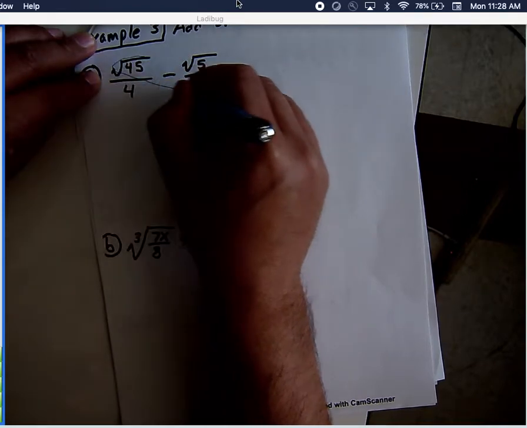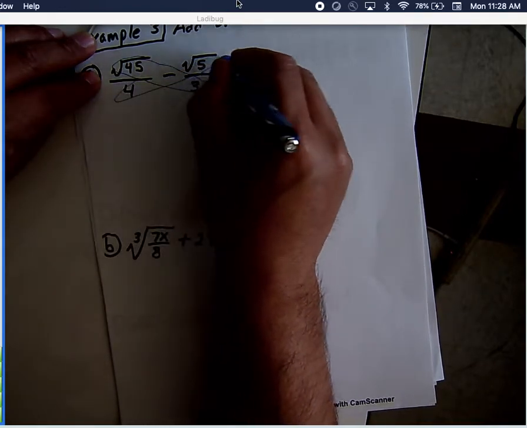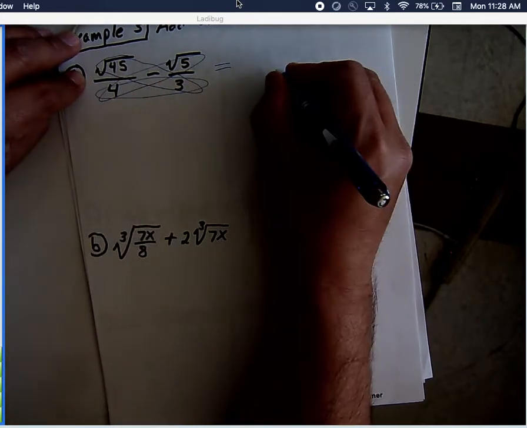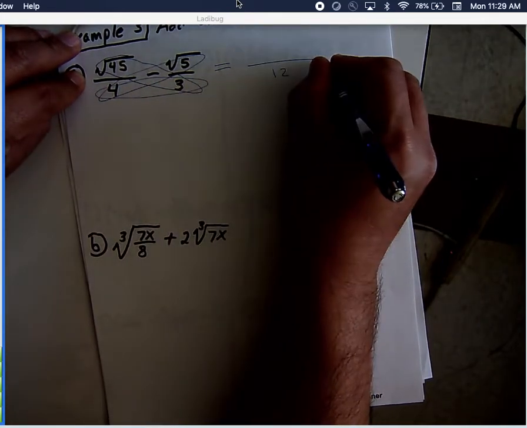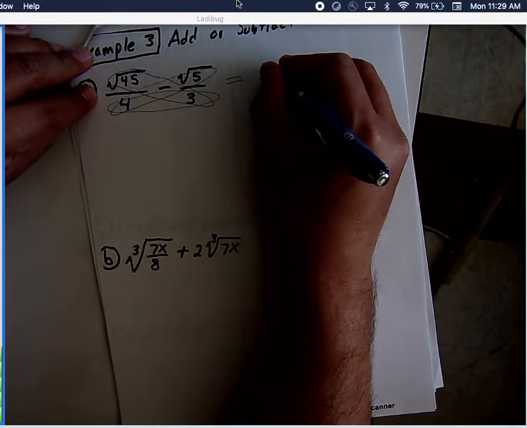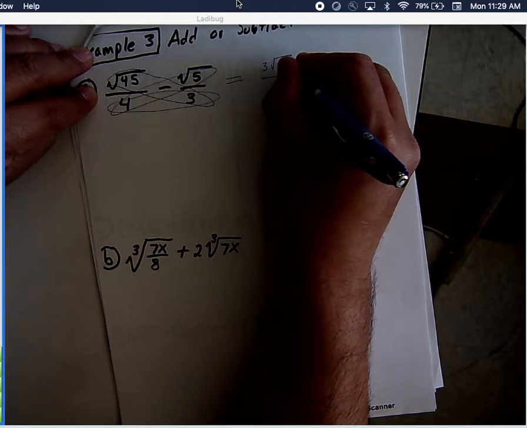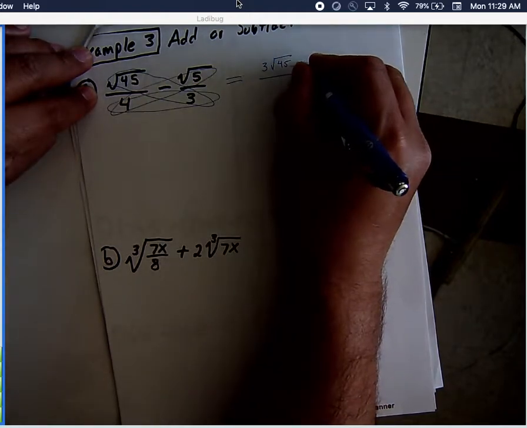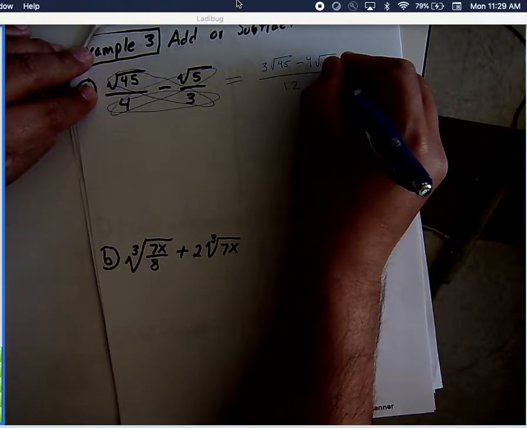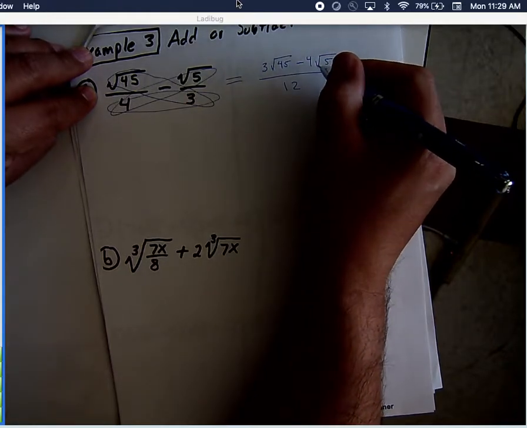For this example, I'm going to do the butterfly. 4 times 3, that one goes at the bottom, 12. 3 times that, so 3 times square root of 45 minus 4 times that, 4 times square root of 5. Okay.